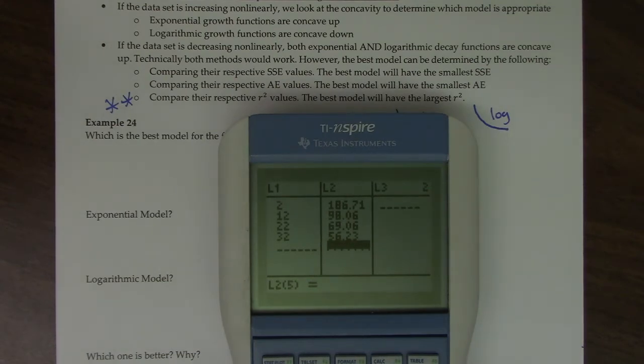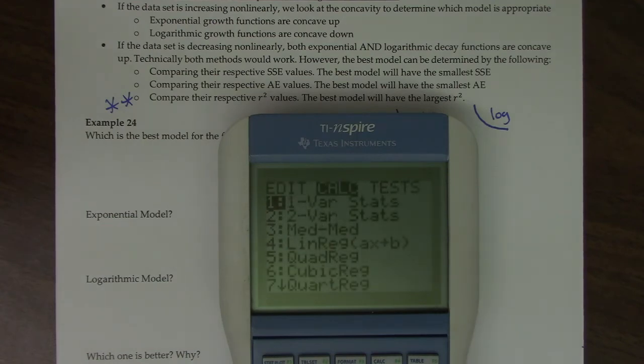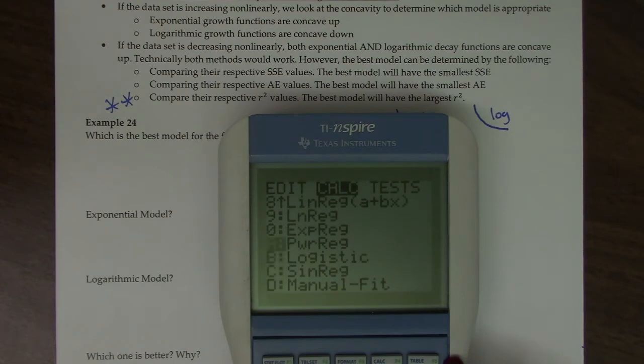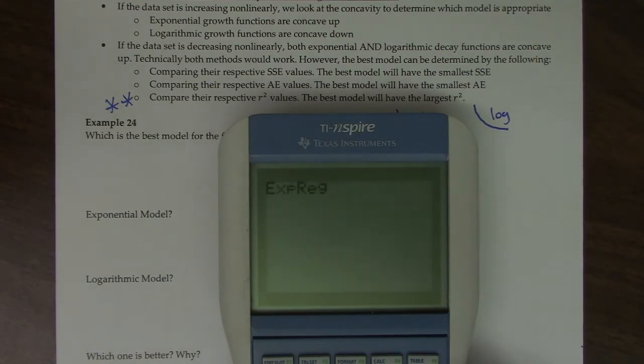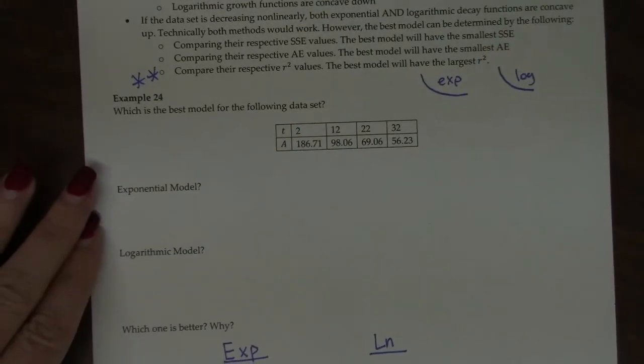So just like always, we're going to go to Stat, and go to Calculate, and I want to find my exponential model. So my exponential model is right here, exponential regression. And we're going to go second L1, comma, L2, and here's our model. So the model, we're going to write this down.